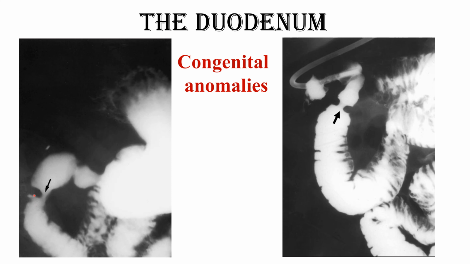Here there is a large web also leading to narrowing of the duodenum in the second part above the ampulla. That is less than atresia because it allows the passage of the fluid from the first to the second part. That's what we call webbing of the duodenum.